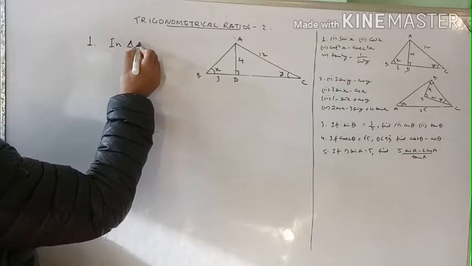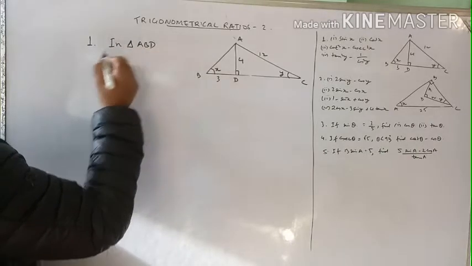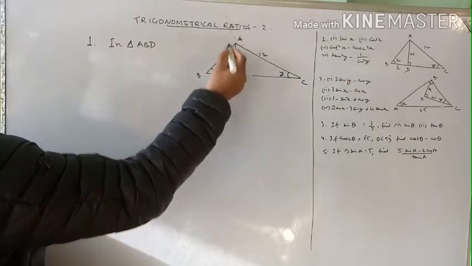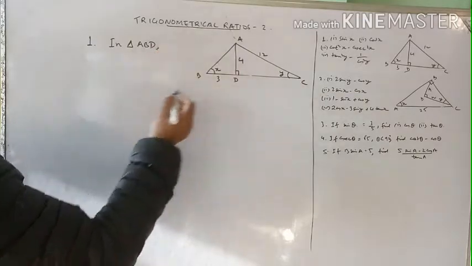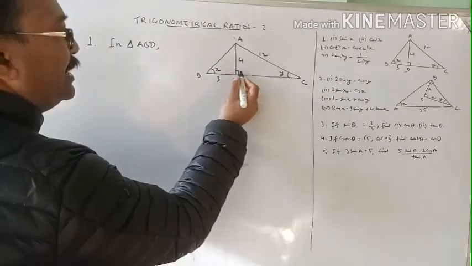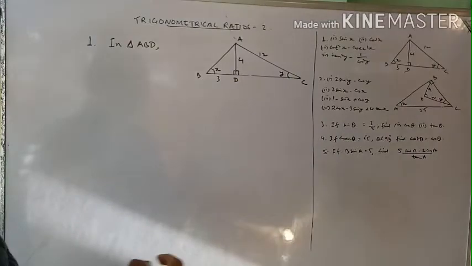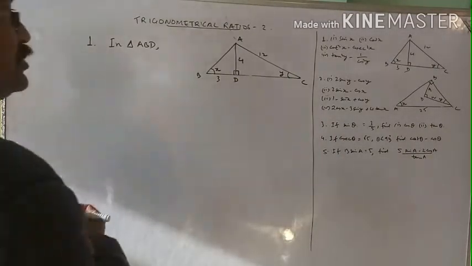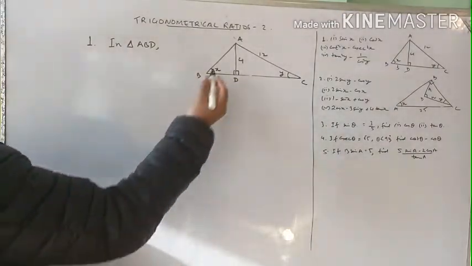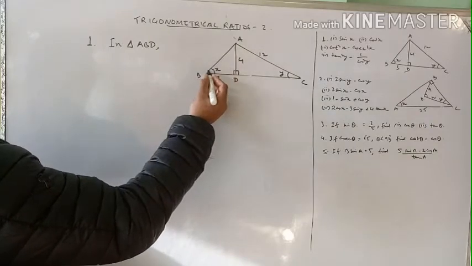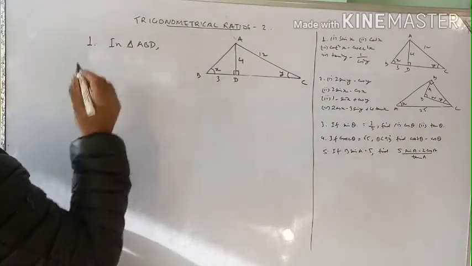In triangle ABD, now we don't know AB, so to find the third side, since this is a right angle, we can use Pythagoras theorem. Okay, and you know this is hypotenuse, this is perpendicular, this is base.